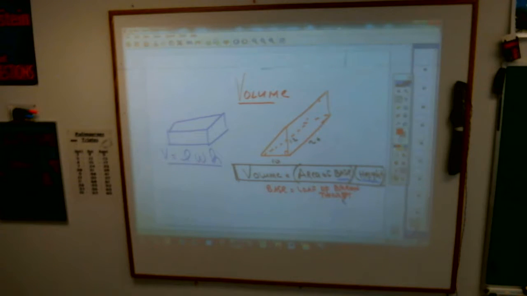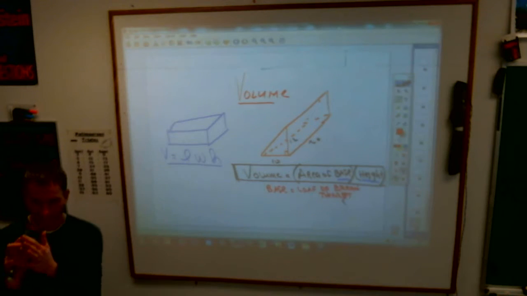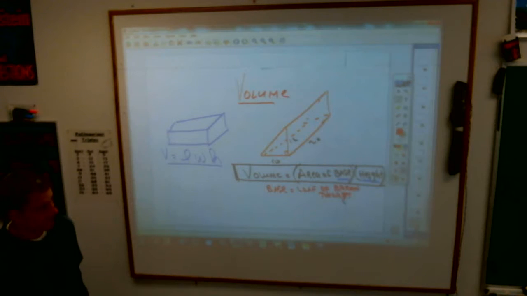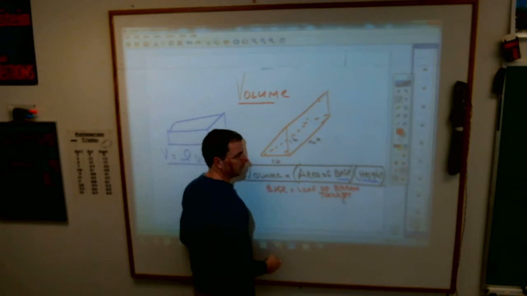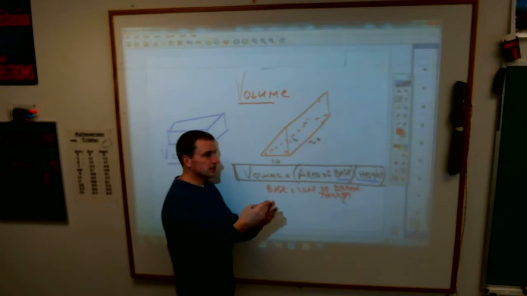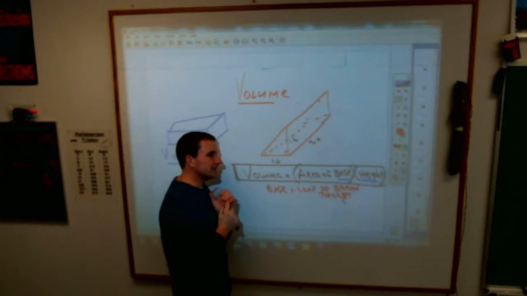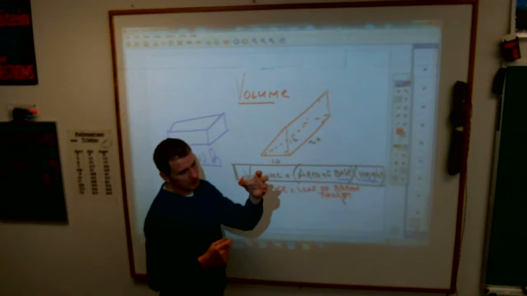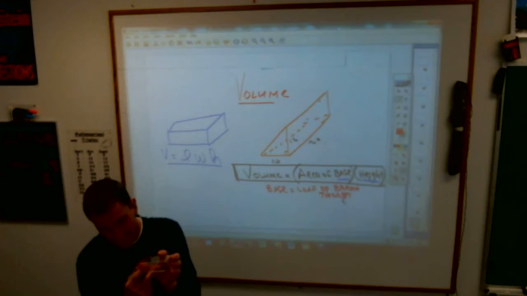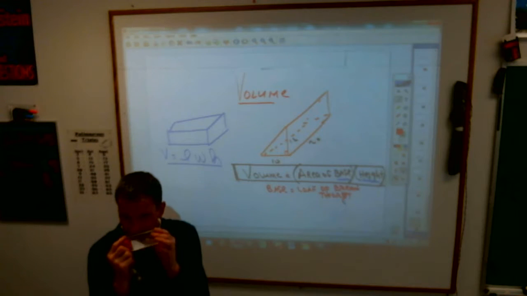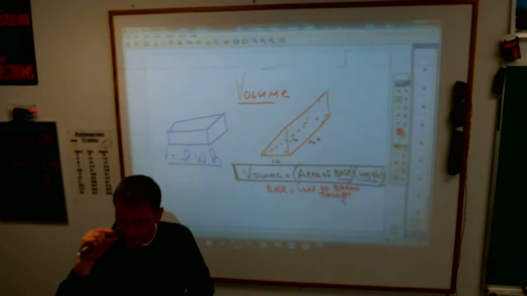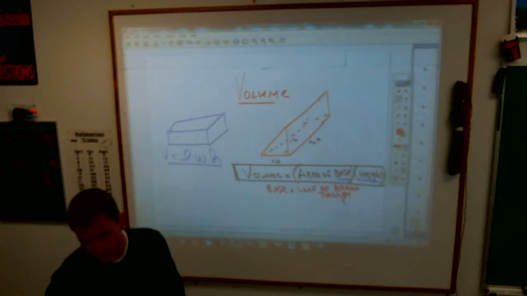Just because this thing sits like this doesn't make this bottom rectangle the base. The base is the shape that, if it was a loaf of bread, you could continue to slice along and you'd always get the same exact shape. If you said the rectangle was the base and I kept slicing parallel to that rectangle, by the time I get up to this little piece, I'm going to have a little sliver of bread that you can't even put in the toaster.